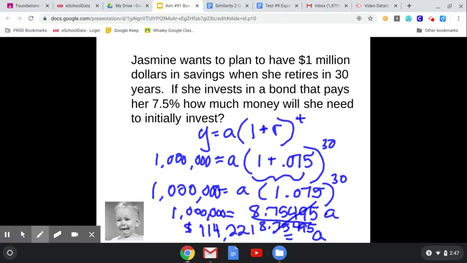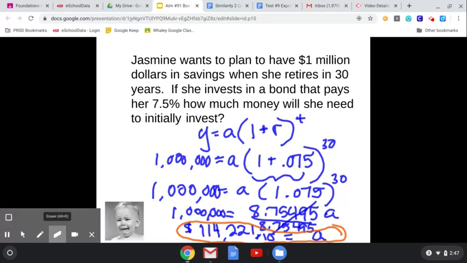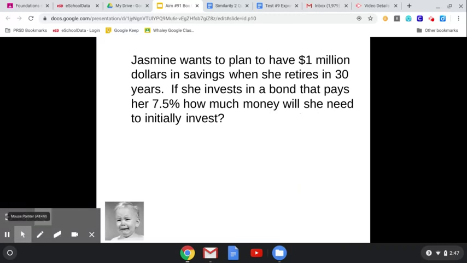And what's the change on that? Looks like 10 cents. Now I'm running out of space here, so apologize. Let me circle my answer in red. There we go. That's $114,221.10. All right, pause the video if you need to. Moving right on to the next one.